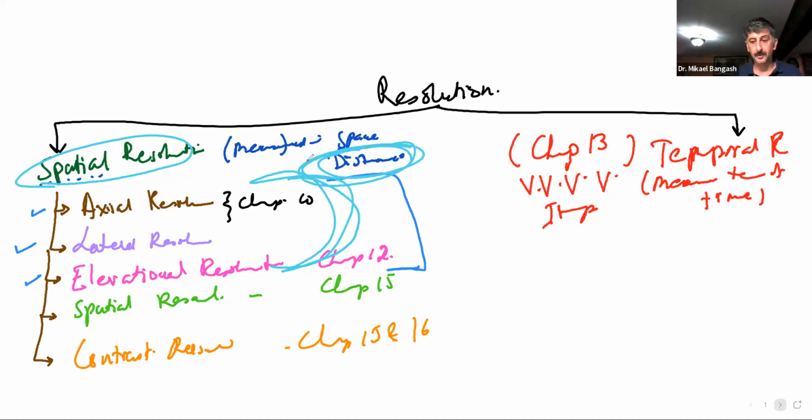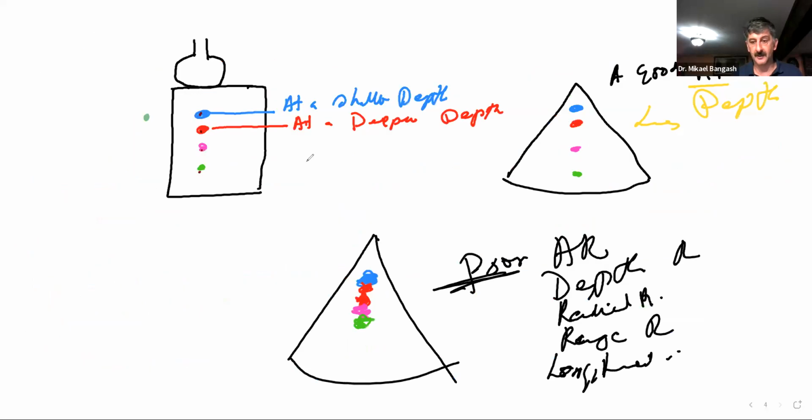So the unit of your spatial axial resolution, the numerical value, is going to be expressed in a unit of distance.